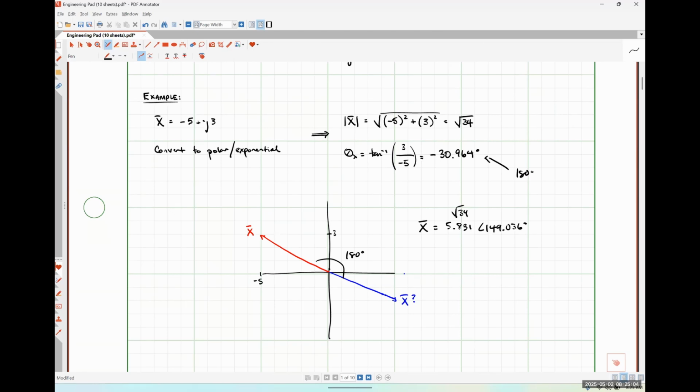Let me double check this. Press home first, and then find the window that says complex and press the EXE button. That's putting your calculator in complex mode. Then you would press -5 plus 3, and then you press the catalog button. And the first option when you're in complex mode is a menu that says complex. And that's where you find your imaginary operator i, your angle operator, and all of those basic complex functions. And then I would press catalog again.